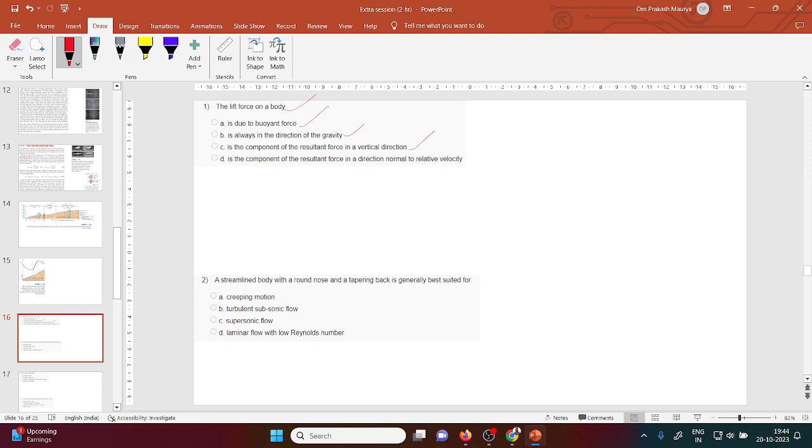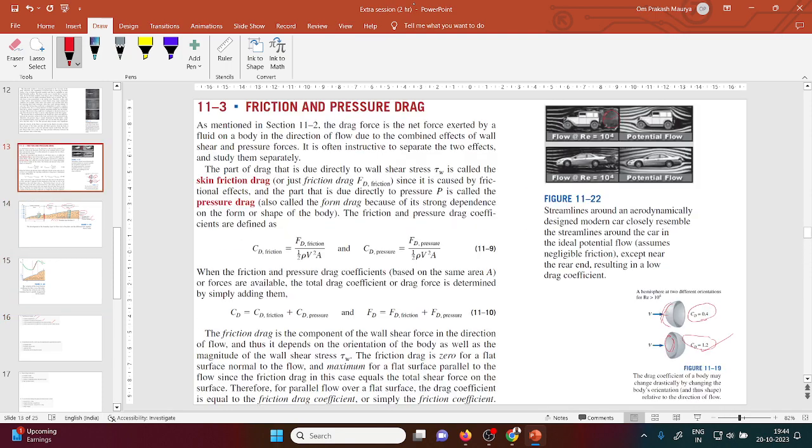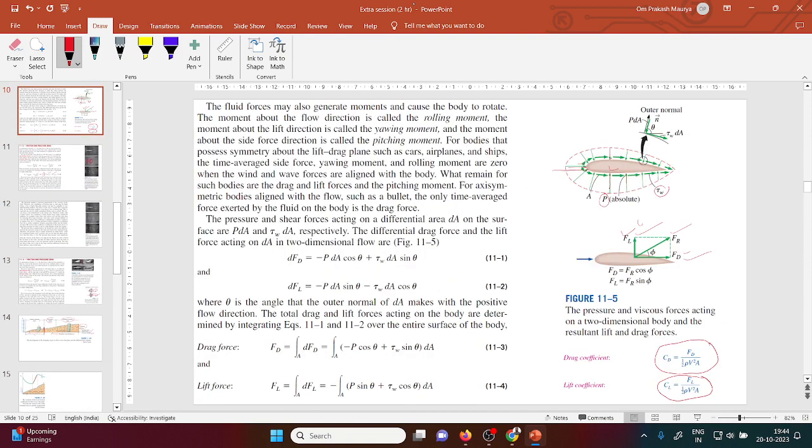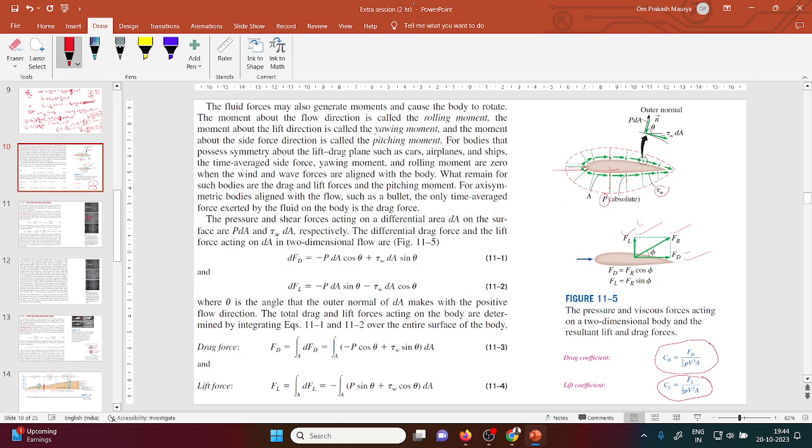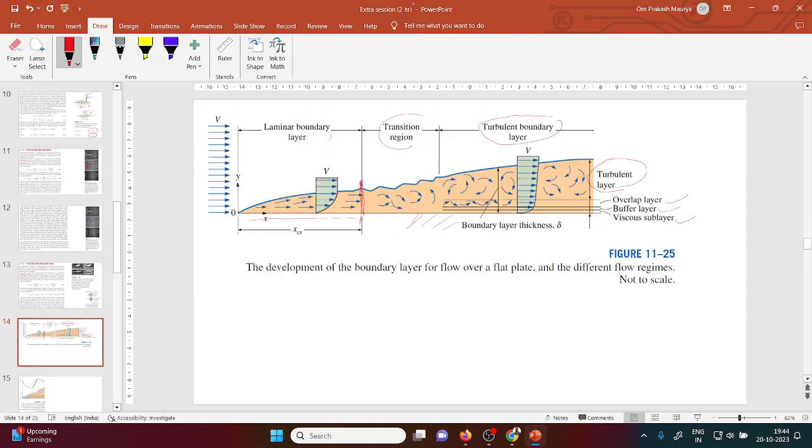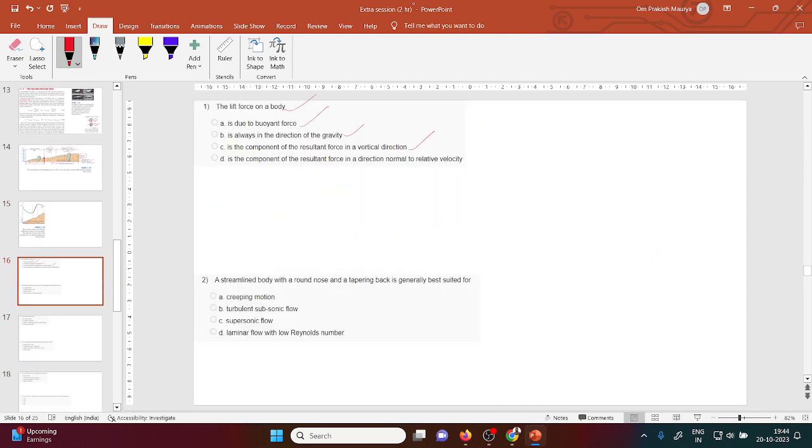Relative velocity is not. In the first slide I told you it is the component of the resultant force in the vertical direction.